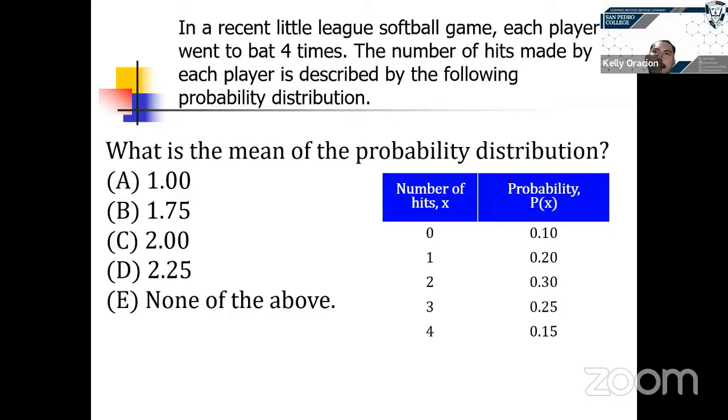What's the mean? Just multiply, okay? Am I correct? The mean is 2.15. None of the above. It's none of the above because the mean is 2.15.